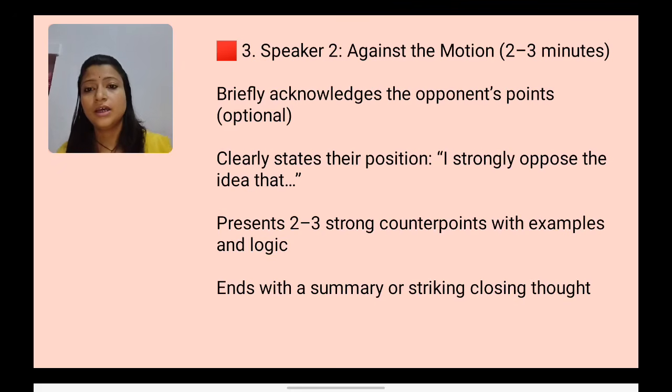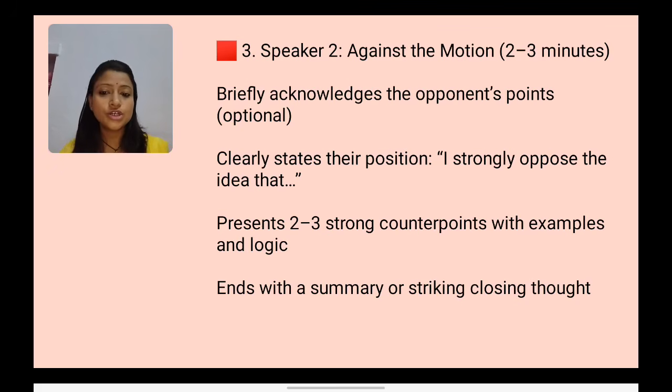Then it comes to speaker 2 against the motion. 2 or 3 minutes he or she will take, briefly acknowledges the opponent's points. This is optional. Otherwise, he or she clearly will state their position: I strongly oppose the idea that mobile phones should be allowed in school.